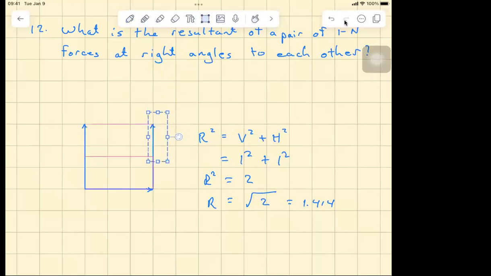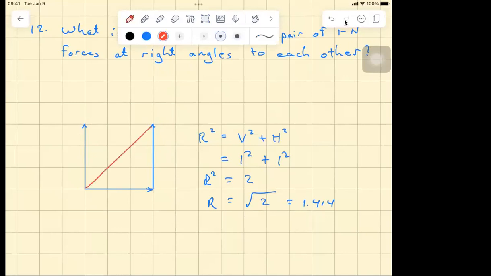Using the parallelogram method, let me change colors so the resultant will stand out. There is the resultant. And you can see it's longer than 1, and the resultant is 1.414, the square root of 2.